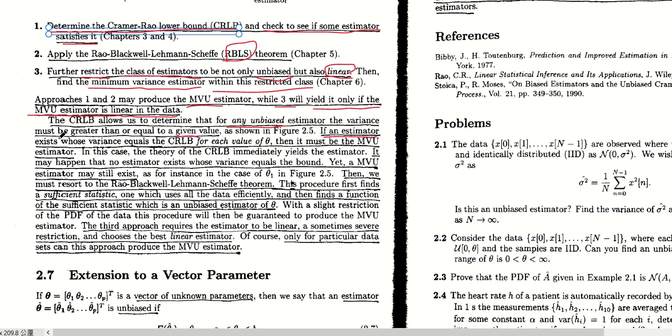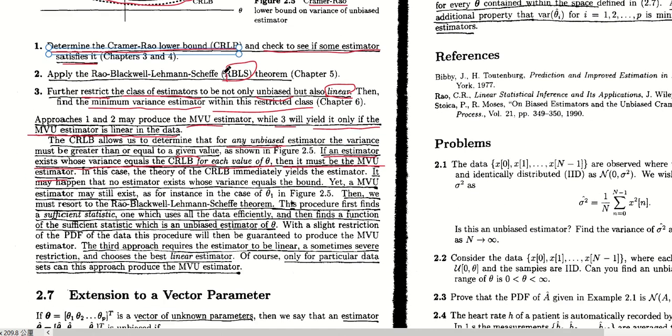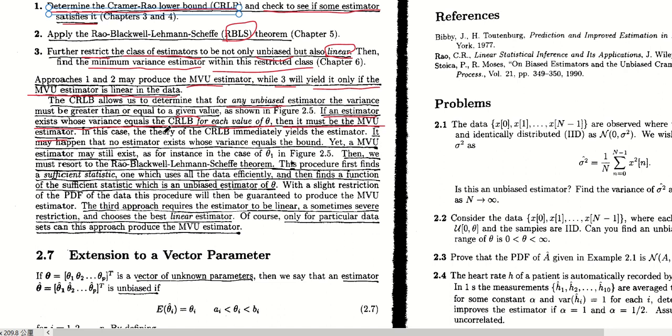If an estimator exists whose variance equals the CRB for each value of theta, then it must be the MVU estimator. As I said, if we look at the figure and see an estimator that matches this, then it's an MVU. The CRLB will immediately yield the estimator. It may happen that no estimator exists whose variance equals the bound, yet an MVU estimator may still exist, as for instance in the case of theta 1 in figure 2.5.